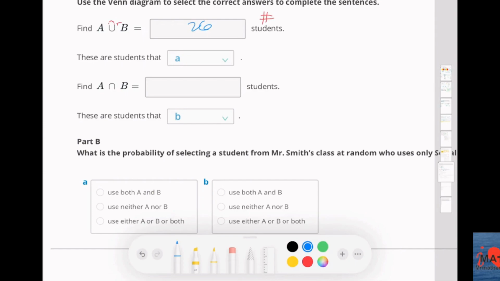Yeah, remember we want the either. This one does not have the word and, nor is like a complement and starts saying no, not A, not B. We want the keyword or. So that would be that choice. You can have the word either in there, but that's the selection.